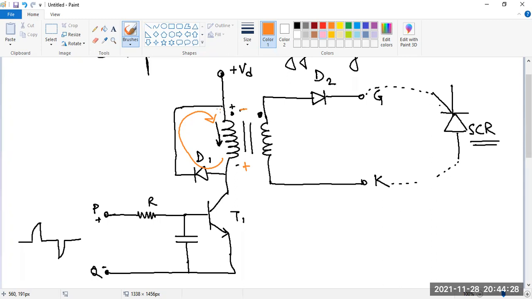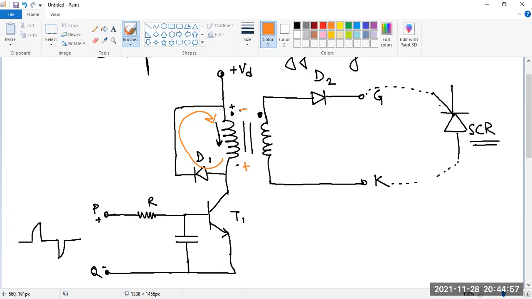But generally, what we do, actually, we have to ensure that all the inductor energy is discharged before commencing the next cycle. So therefore, we prefer to use a capacitor in series with this diode D1.